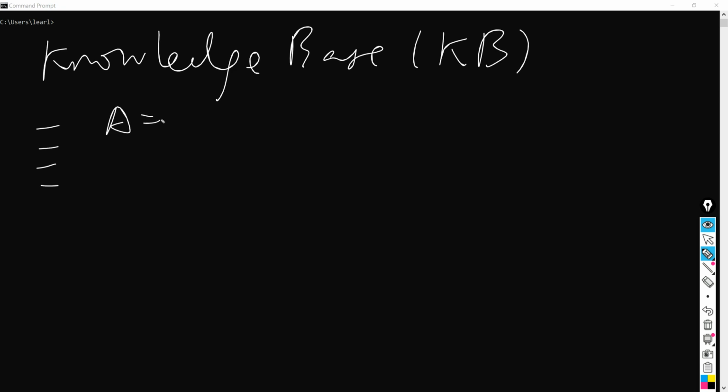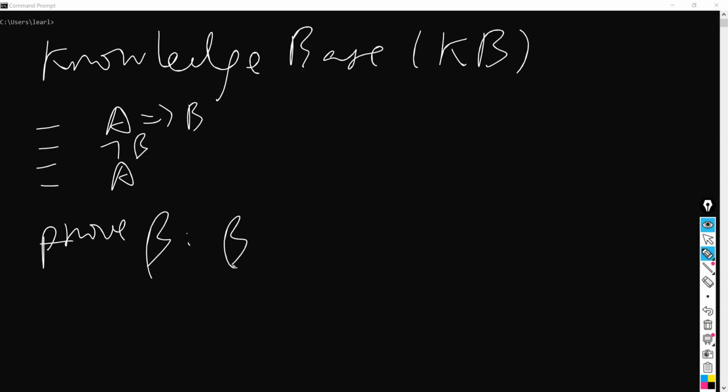For example, it gives you A and B, and it can also give you A or minus B, something like this. So they will give you a lot of equations, and all of them are true. Then, given all this, you are asked to prove something. Usually there is a beta, which is the thing you need to prove. For example, it asks whether you can prove B or not. So this is the knowledge base.